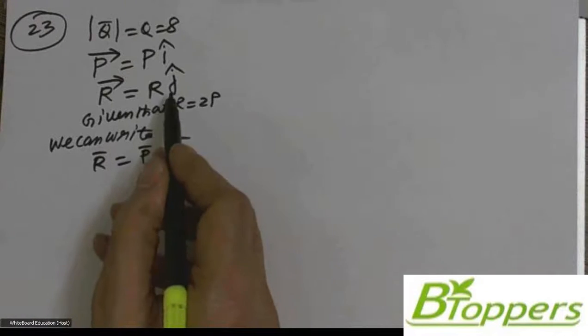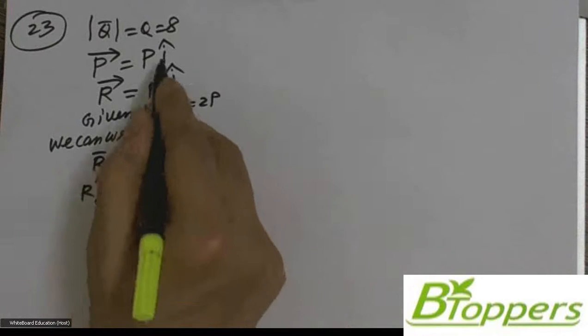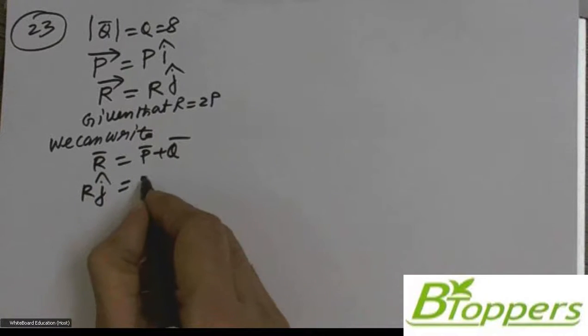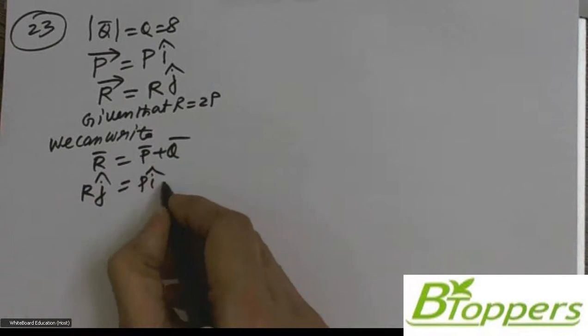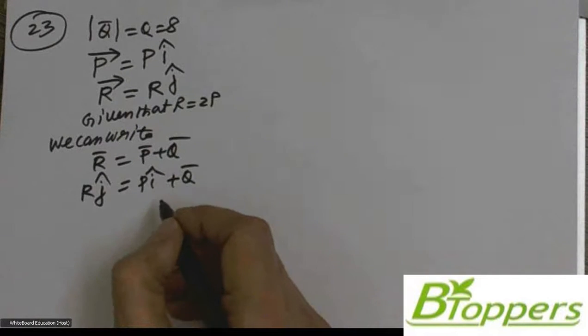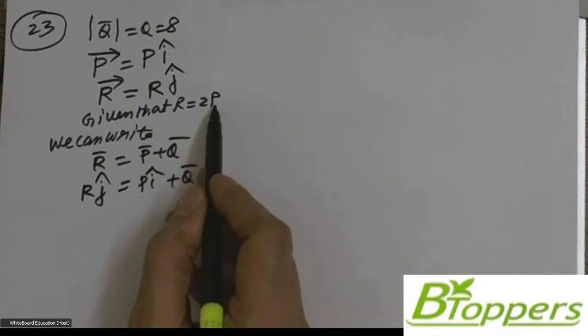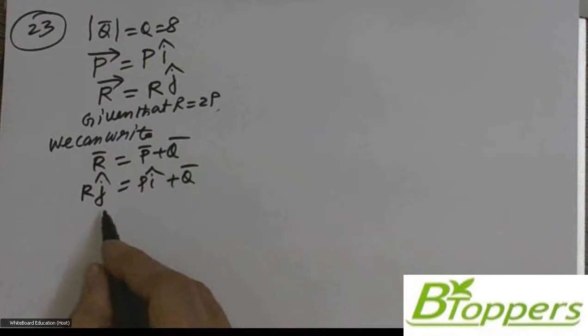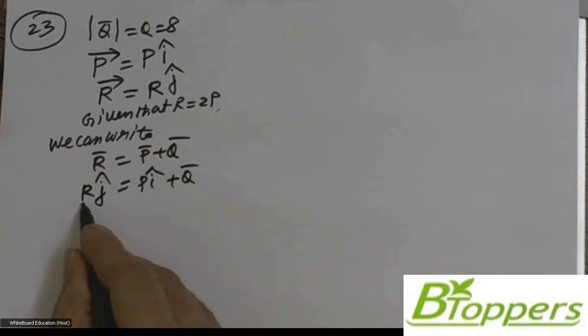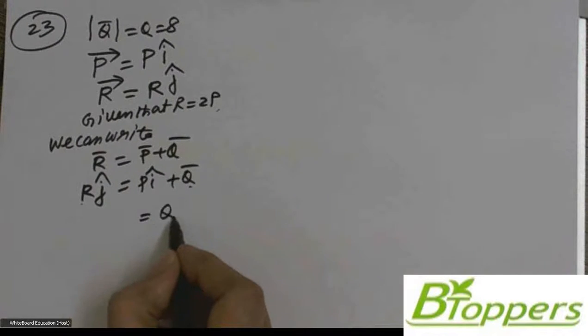So we can substitute R bar equal to R j cap, P bar equal to P i cap, plus Q bar. You are given that R equal to 2P, because it is given that magnitude of the resultant is double the magnitude of P bar. So you can substitute R equal to 2P on the left hand side. You can solve for Q bar.